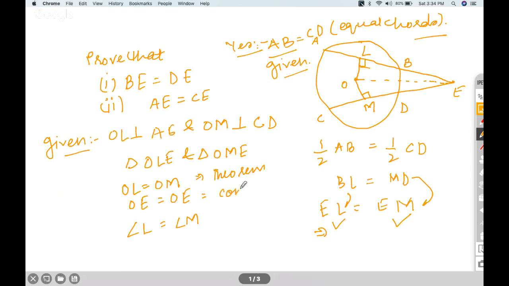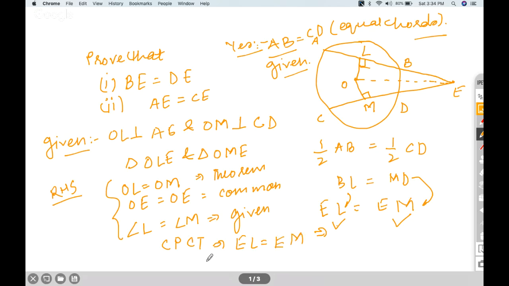This is common. This has been given. Hence, I have RHS congruency here. If I have RHS congruency here, then I can prove that by CPCT, EL would be equal to EM.